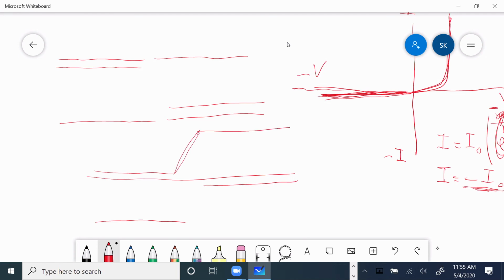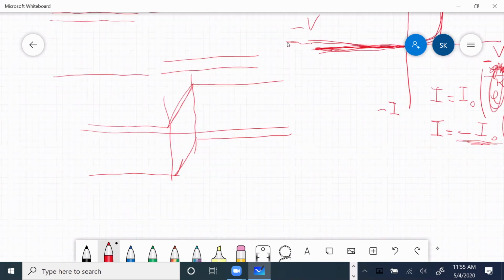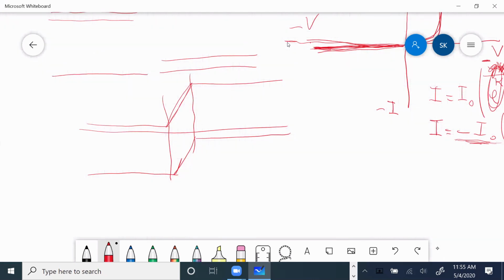That was where there was no bias, and that was the depletion region. Now we want to apply reverse bias. Remember when we applied forward bias, this Fermi level went up, this Fermi level came down. That was for forward. Forward was like this. That went up, that came down.